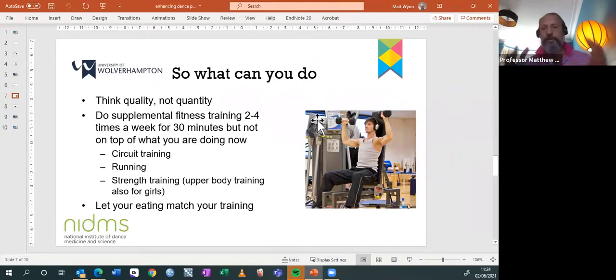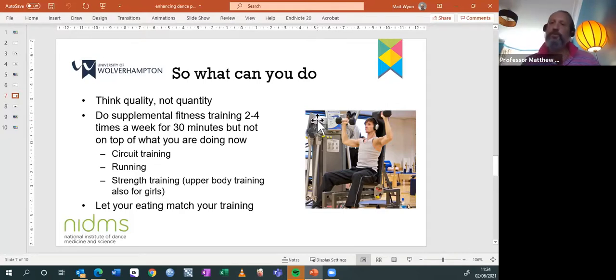Now, getting a bit technical, running resembles dance more than cycling or rowing or swimming. Swimming should be used as a recovery, a nice relaxing sort of thing, and that's it. It doesn't get you fit. Cycling would get you fit, but it's using the wrong local muscles.